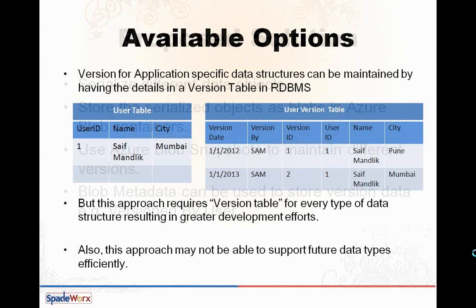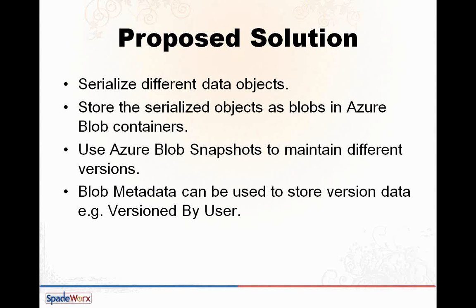What we finally decided is, we tried to identify what the different kinds of data are that we will be versioning. The commonality that came out was that the data is going to be either structured data in terms of .NET objects, or files. Now, files can easily be streamed and stored in a separate physical location.